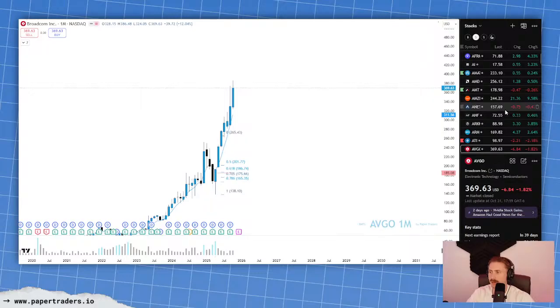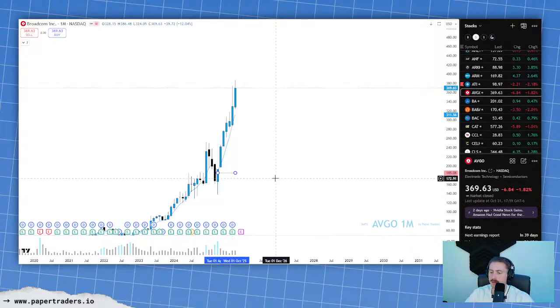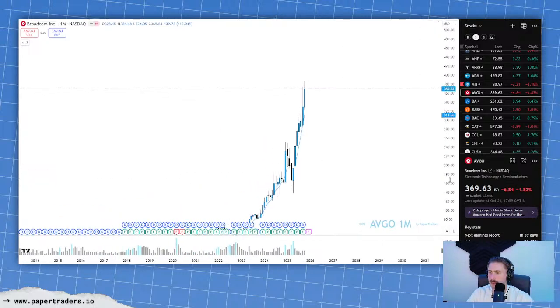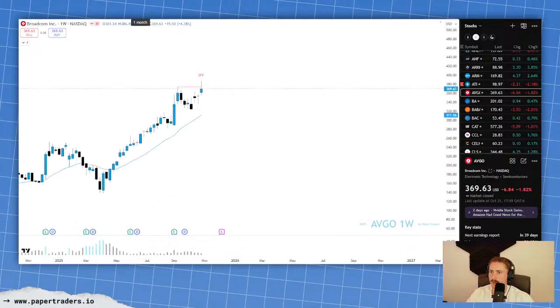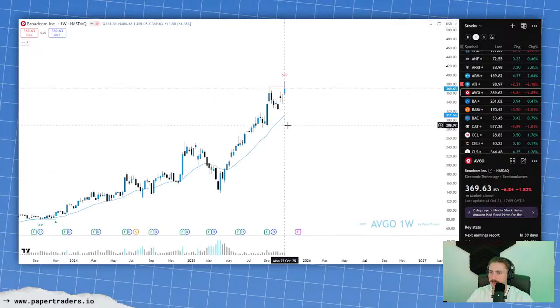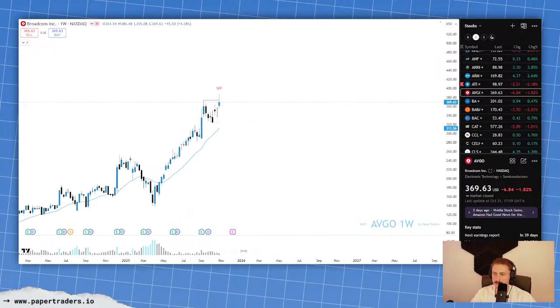AVGO, insanity. Just continues to ride that 200. Did sweep and close back under, so we'll see. Yeah, oh, weekly SFP. Possible short. Yeah, previous month high swept. That weekly candle's pretty nasty. Even this weekly OTE range would be massive, back to 262.